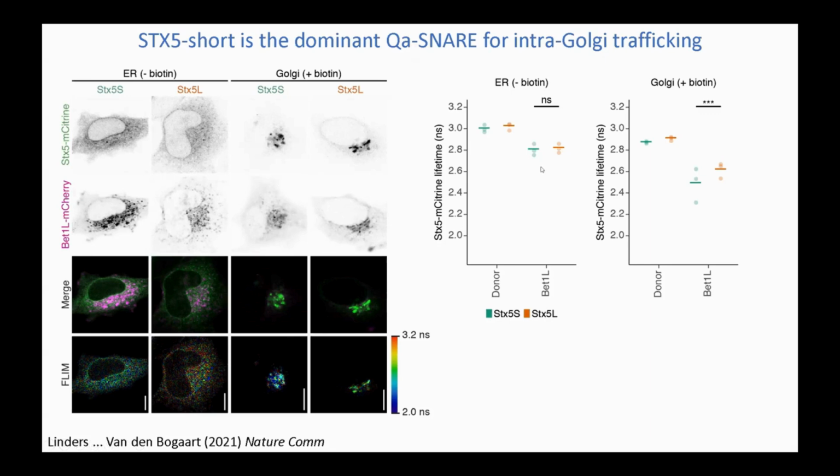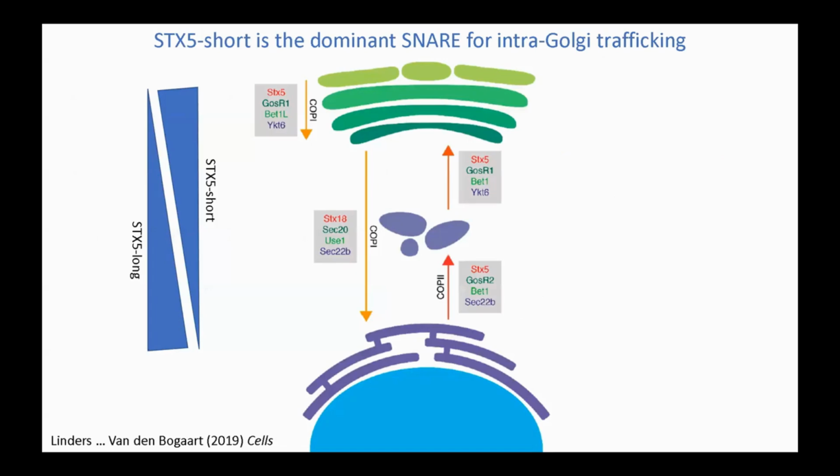The short form has a lower lifetime, meaning more interaction with BET1L compared to the long syntaxin form. What does that mean cellularly? Again, I'm not showing you all the data, just the interpretation. It means that the short form plays more of a role in the Golgi, whereas the long form plays more of a role early in ER trafficking.